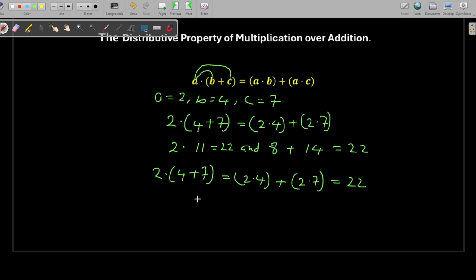As you can see, we obtain the same result, whether we calculate inside the parentheses first or we distribute the product. And also, we can say that multiplication distributes itself over addition from the left hand side. Now, mathematically, multiplication is also distributive over addition from the right hand side, with the following expression you shall see in our next example.